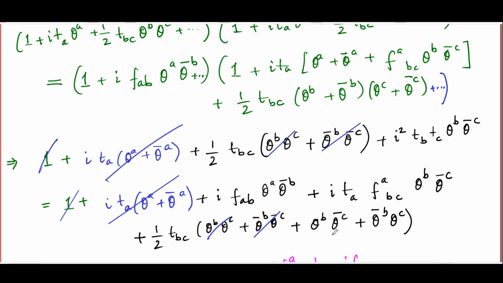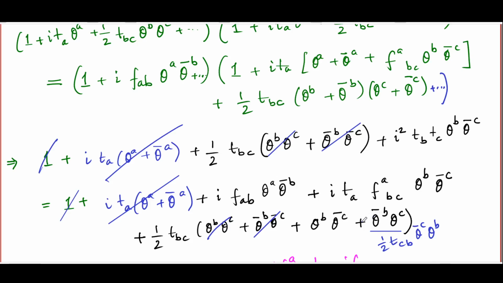And one more thing happens. These two terms look different, but you can of course switch the dummy index. So write this half TBC theta bar B theta C also as half TCB theta bar C theta B. And because TCB and TBC were taken to be equal by definition at the very beginning, the two terms here are actually one and the same.